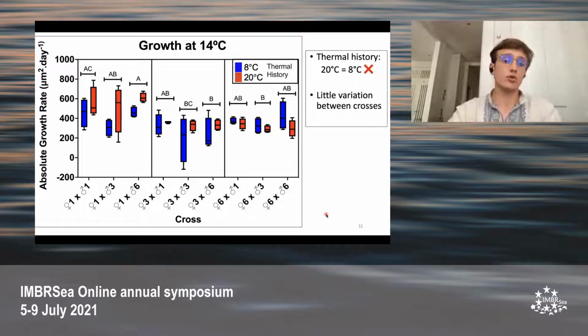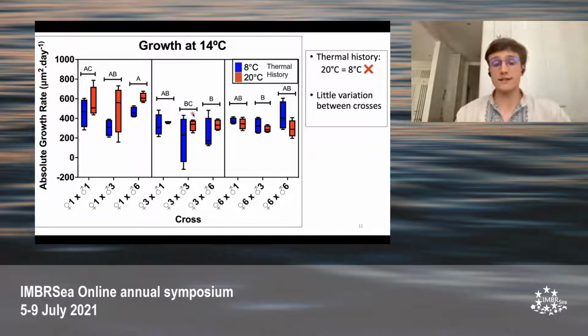So firstly, looking at the growth, on this graph, on the y-axis, we have the absolute growth rate, and on the x-axis, each of the crosses, with the panels corresponding to crosses with one female. So on the left, we have female number 1, in the middle female number 3, and on the right, female number 6. And here, as well as for all the next graphs, the thermal history of 8 degrees is represented in blue and of 20 degrees in red.